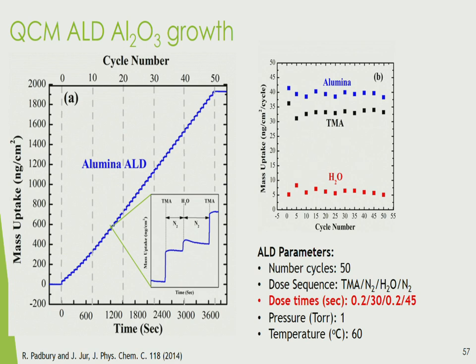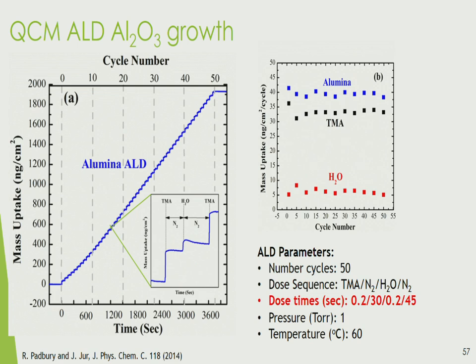So you have the trimethyl aluminum reacts onto the surface right here. So this is basically on an aluminum oxide surface right here, or on a hydroxyl terminated surface at this point. You have the TMA reaction, you do your nitrogen purge, you do your water dose, it reacts, then it purges, and then you repeat that cycle. And you can see this linear pathway.